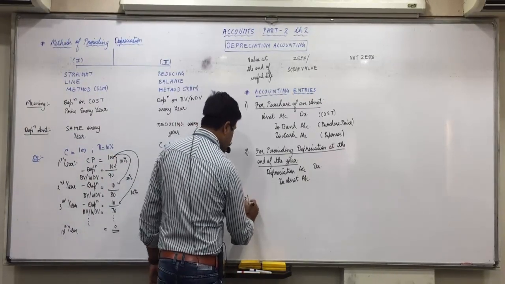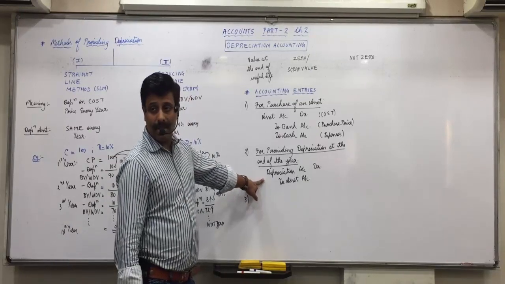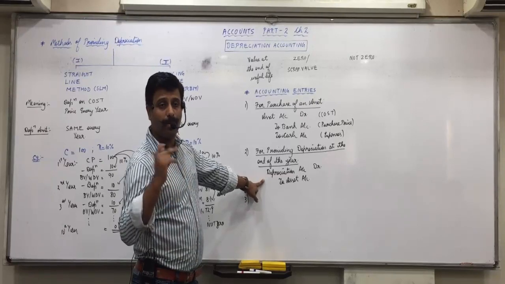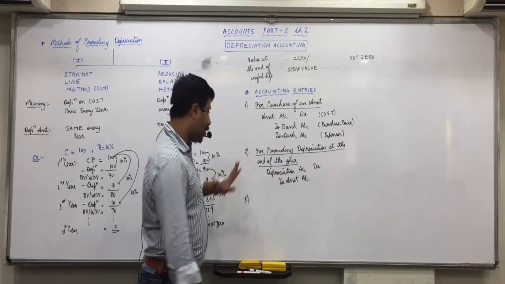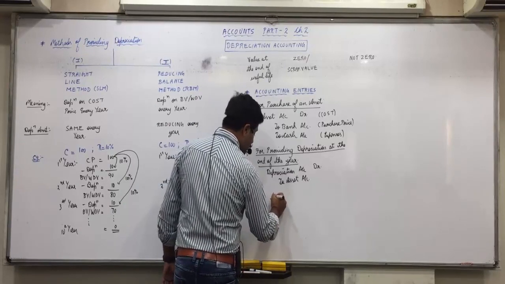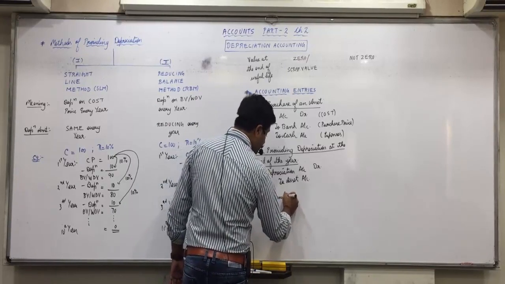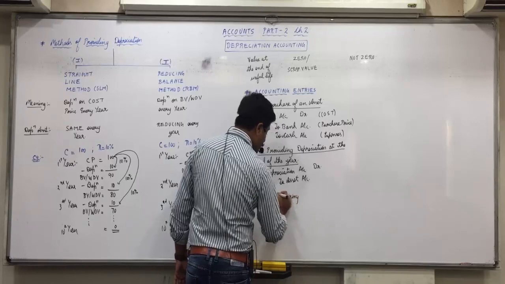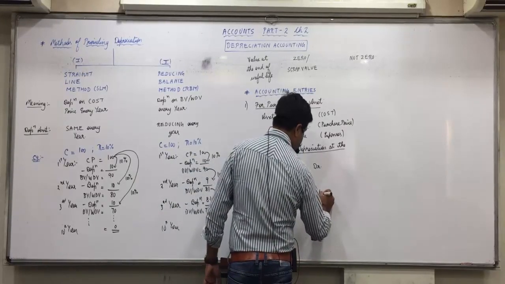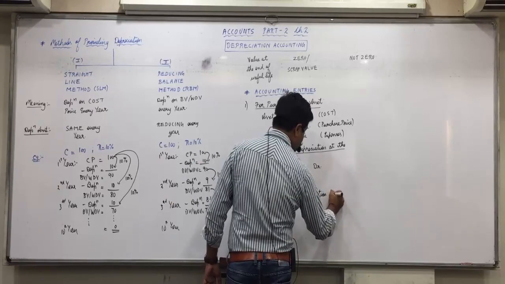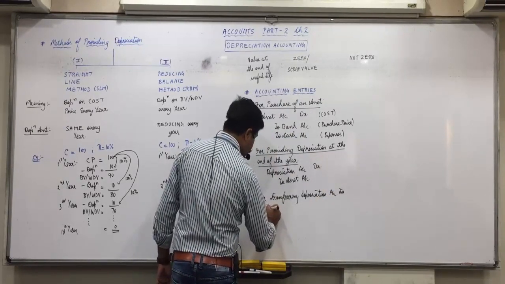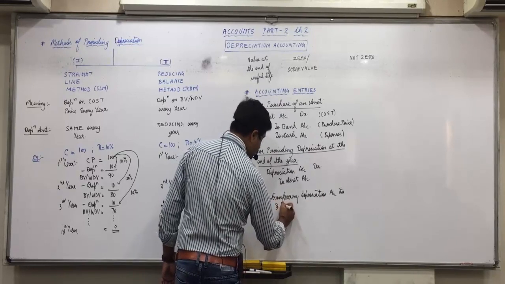Third, because depreciation is an expense, a nominal account, will it be closed and transferred to trading account or profit and loss account? Profit and loss account. So for transferring depreciation account to profit and loss account, the closing entry is passed.